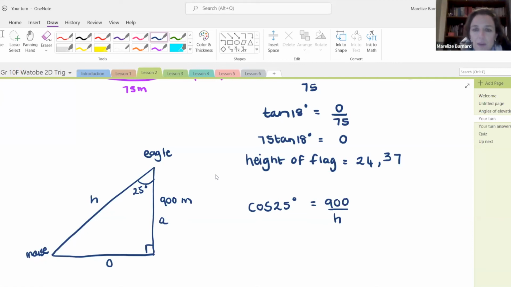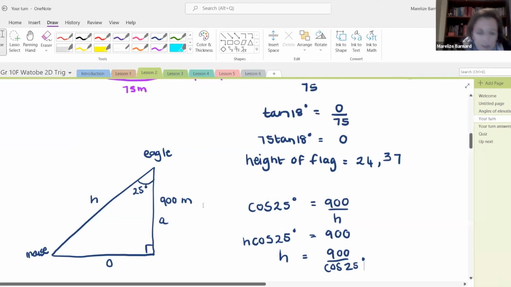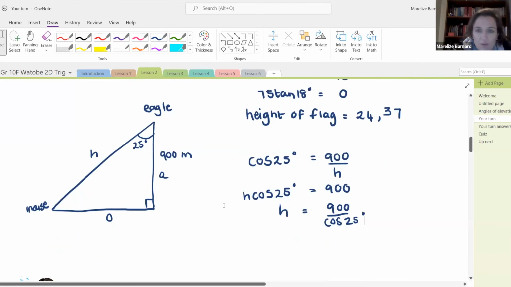So we're going to times by h on both sides, or like you guys have told me before, you can just swap the h and the cos 25. I do like to do it completely so that we all know why we are doing it, and not just swapping things out and not really understanding why that happens. Okay, and then 900 divided by cos 25 is equal to 993,04.